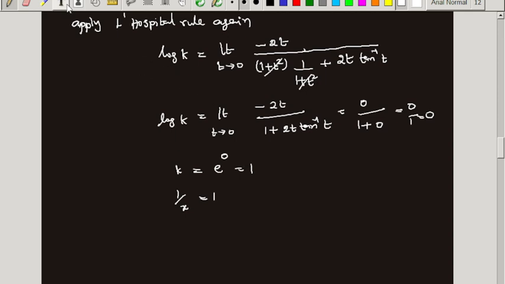E power 0 is 1. So k equal to e power 0, and e power 0 is 1.